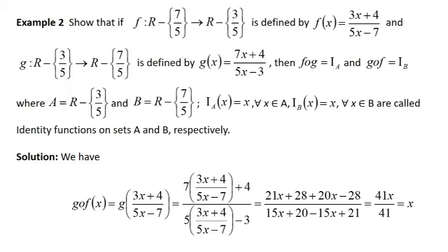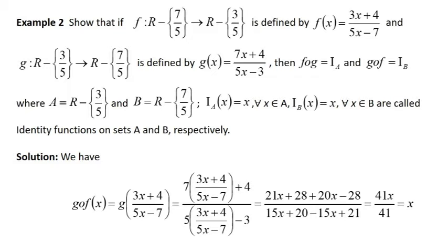So here I have worked out the example. So you see here gof of x is equal to g of, in place of f of x we have substituted 3x plus 4 divided by 5x minus 7, and g of x is given as 7x plus 4 divided by 5x minus 3.